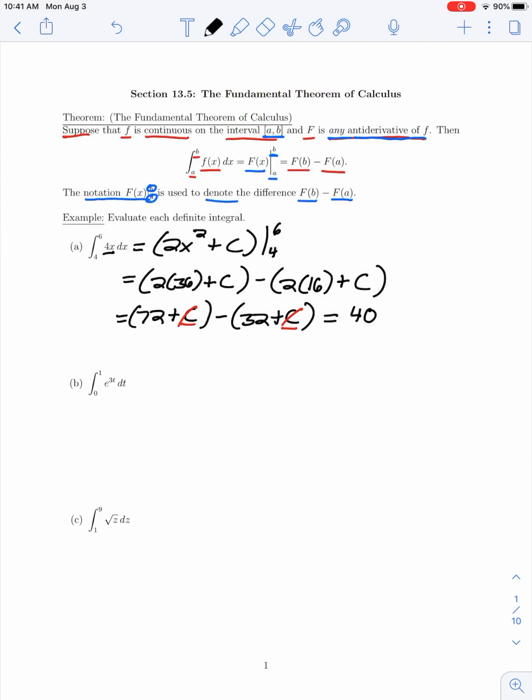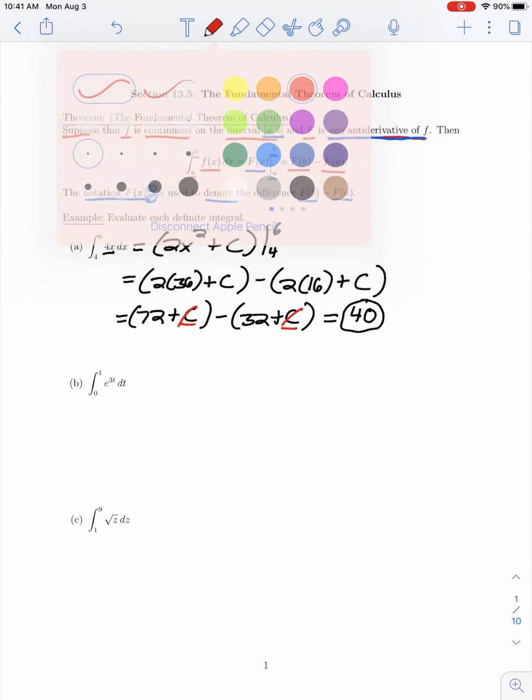So I'm just left with a value of 40. Now, in general, moving forward, we will no longer write the constant of integration when we're evaluating these definite integrals. Let's ask ourselves why not.